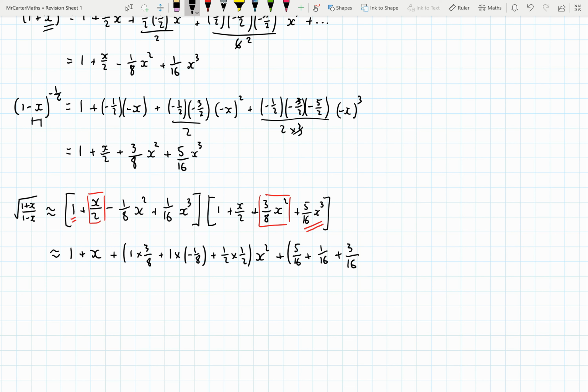And I'm going to have the same going the other way. I'm going to have my x to the 1 on this side multiplied by my x squared on this side. Sorry, my x over 2 times my 1 over 8 x squared, which is going to be minus 16th x cubed.